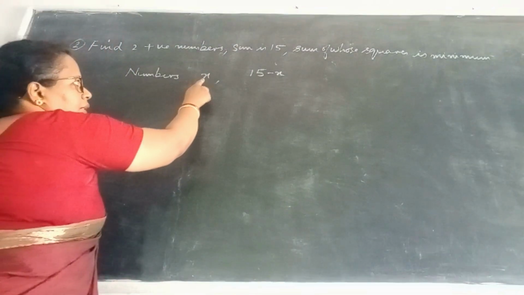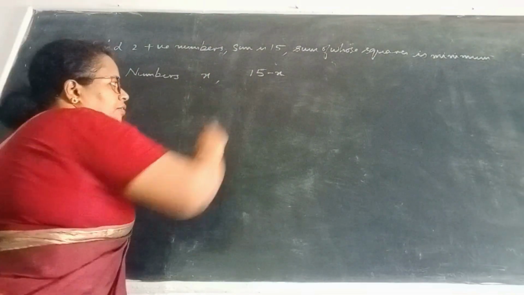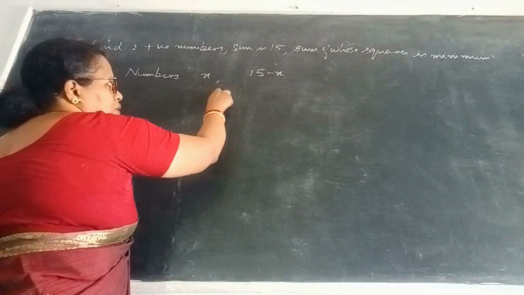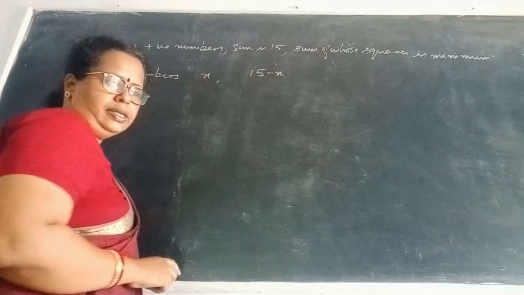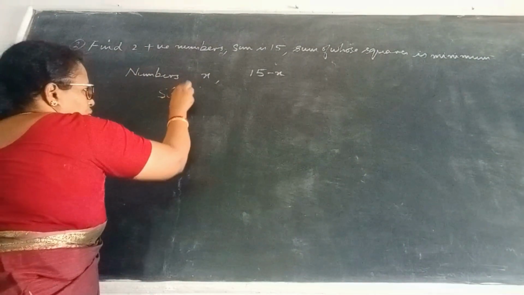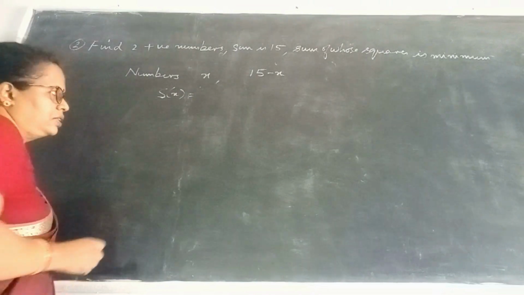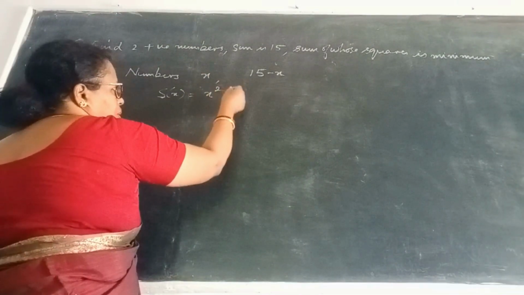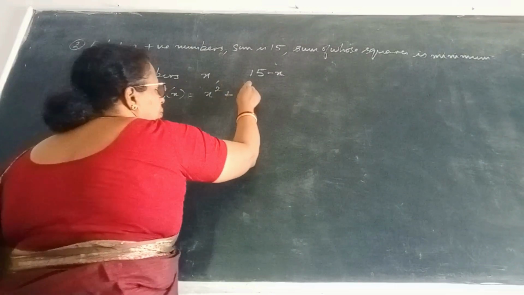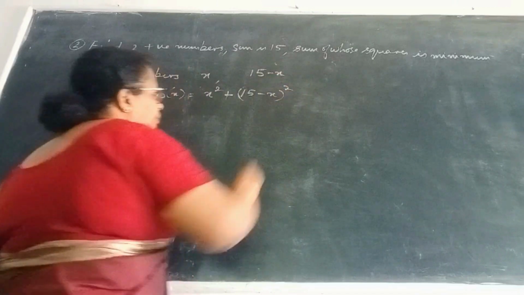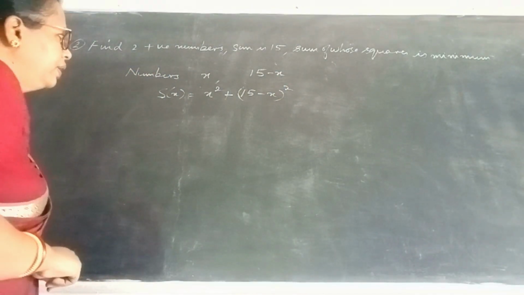What are the squares of these? x squared and 15 minus x whole squared. Their sum means x squared plus 15 minus x whole squared. As it is a sum, we can use the letter s of x instead of f of x. So this is the required equation.